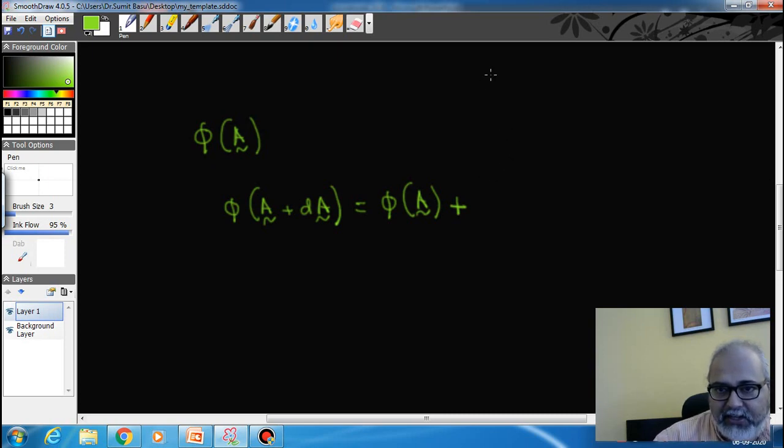In the scalar function of a scalar variable, for phi of x, I had in the first term d phi dx.